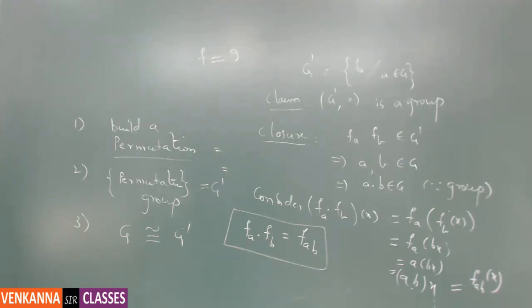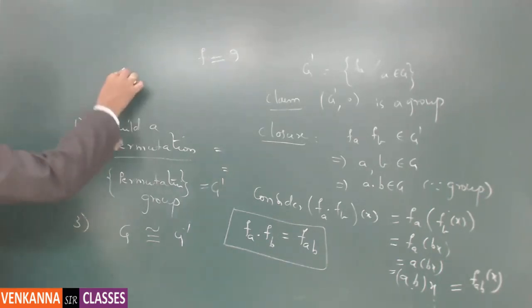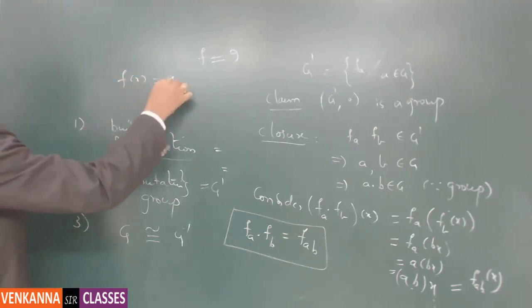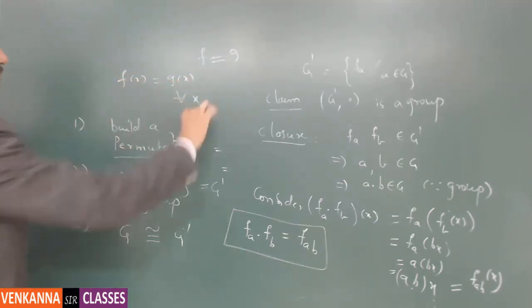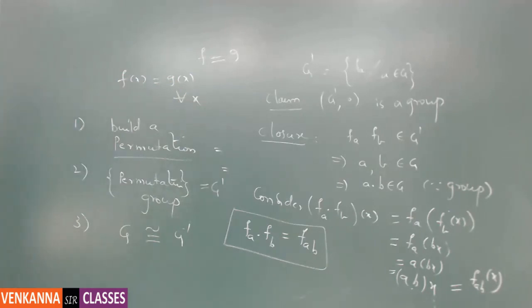Everyone, please respond. If I have given two functions, elements being equal means the images are equal when you substitute into the functions. It means you have to check that f of x equals g of x for all x. Then only you can say that the functions are equal, F equal to g, isn't it?